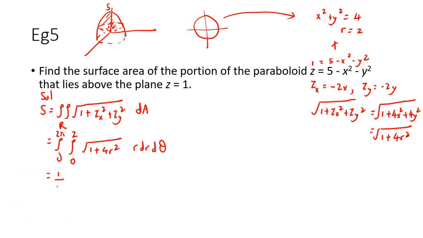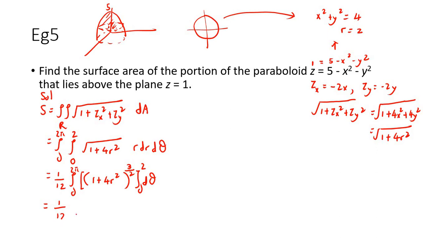So this one, we get 1 over 12, integrate 0 to 2 pi, of 1 plus 4r squared to the power 3 over 2 d theta, with limit of r from 0 to 2.